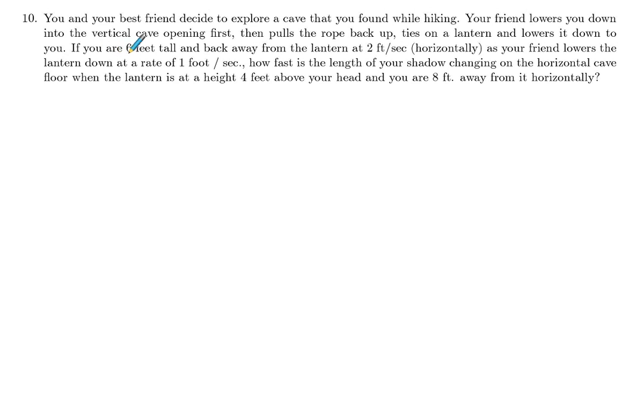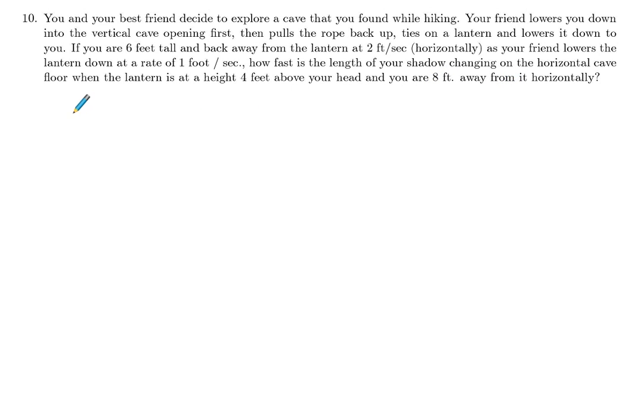You are 6 feet tall and you back away from the lantern as it's coming down. I mean, you wouldn't want to get hit in the head, right? And the lantern's coming down at a rate of 1 foot per second. You want to know how fast the length of your shadow on the horizontal cave floor is changing when the lantern is 4 feet above your head and you're 8 feet away from it horizontally.